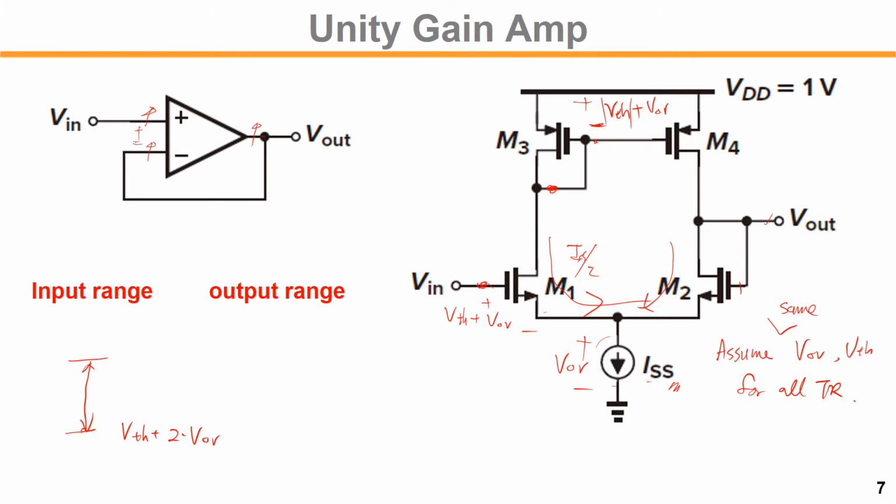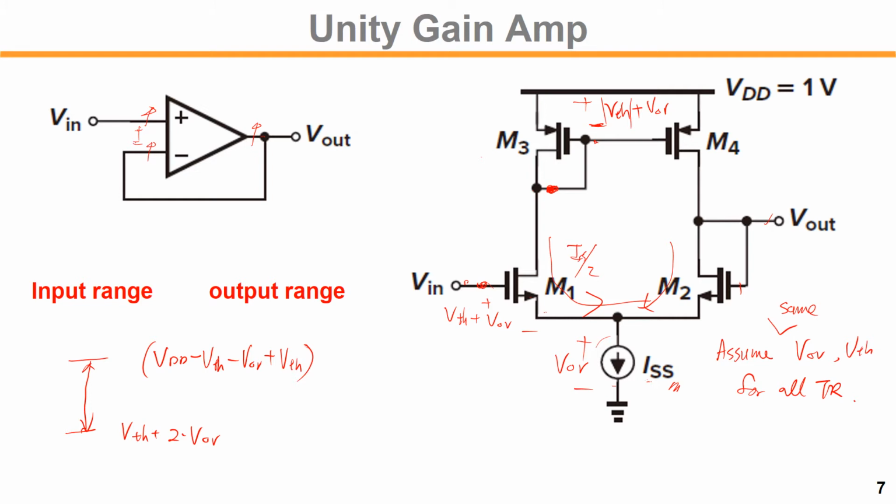So the maximum voltage you can go up to is this node voltage plus VTH, right? That would be the maximum. So that would be VDD minus VTH minus V overdrive plus VTH, right? That would be the maximum input.